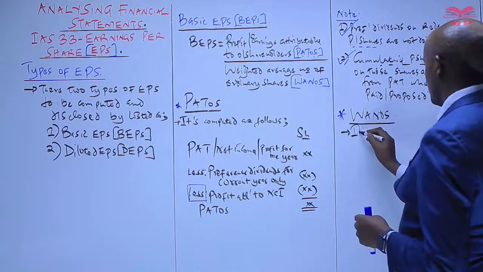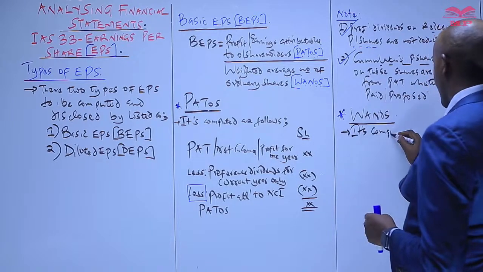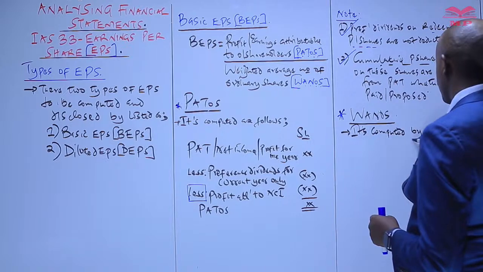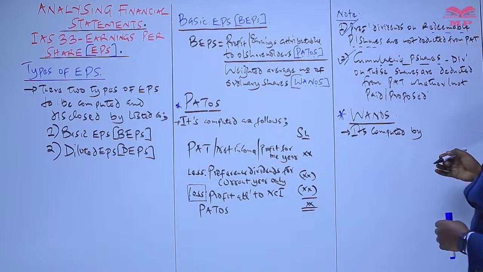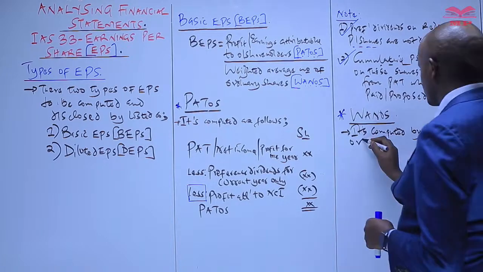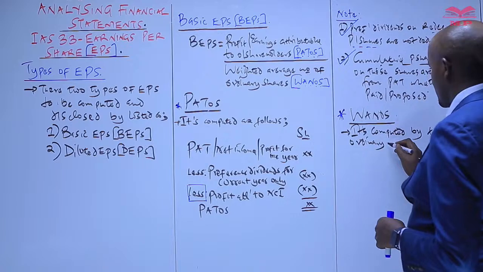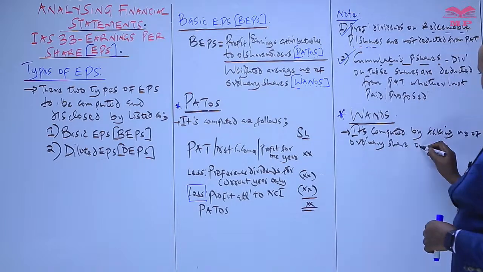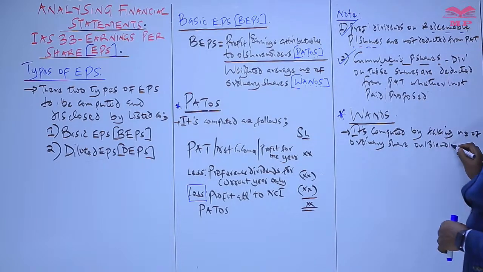So it is computed by taking the number of ordinary shares outstanding at the start of the year.